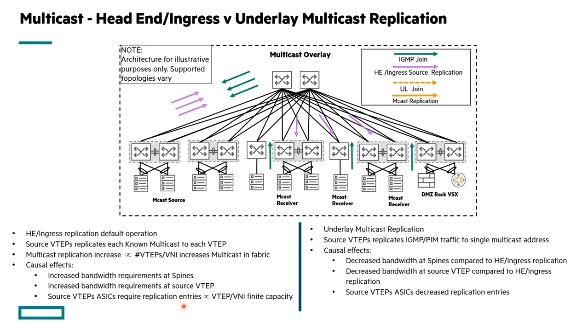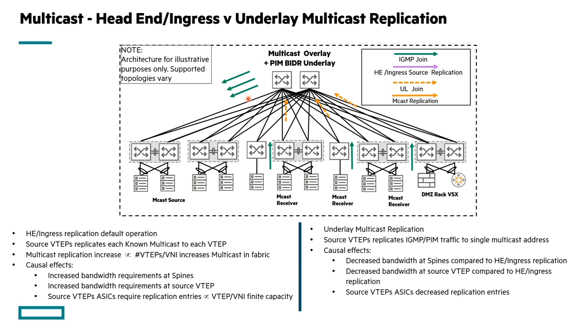Now let's go ahead and look at underlay multicast replication. We start off with having multicast in the overlay, but this time we enable PIM bidirectional in the underlay. As before, the multicast receivers send an IGMP join. In this case, the multicast receivers also send an underlay join to the rendezvous points here in the spine.